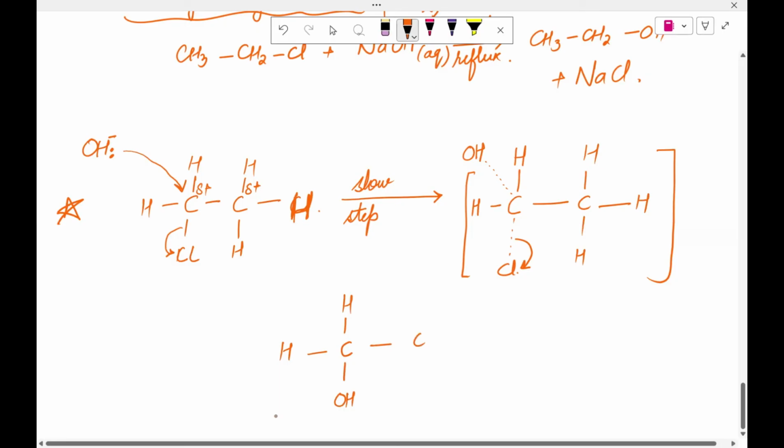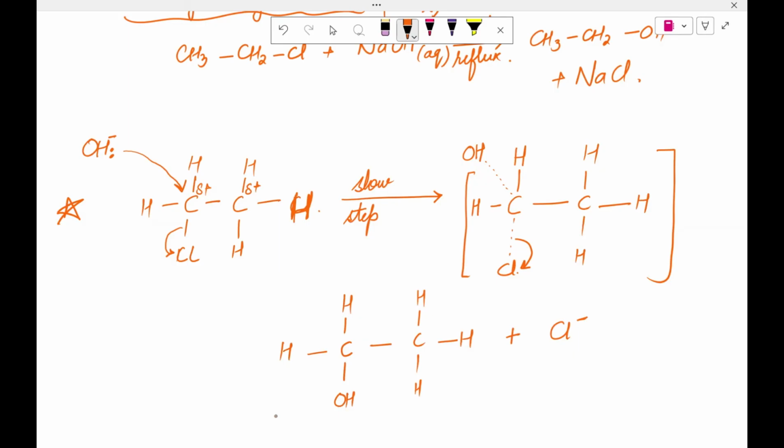And now, we know these electrons go to Cl, so Cl is going to have a negative charge. Is that clear, Sultan?